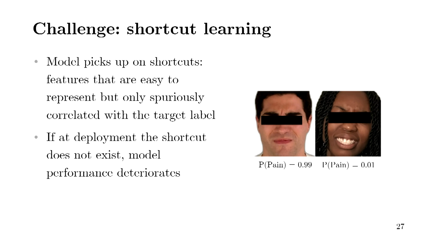For example, if I want to build a model that takes in human faces and predicts if they're grimacing, if they are in pain, and all my labels have been provided by white people who cannot recognize pain in a dark-skinned person, then I'm going to end up maybe labeling all the dark-skinned individuals in my data set as no pain.